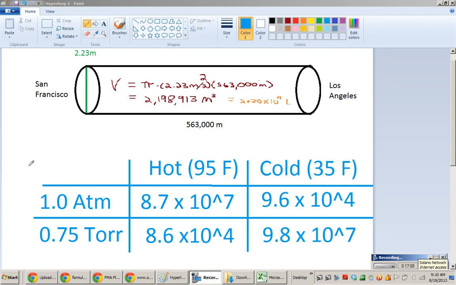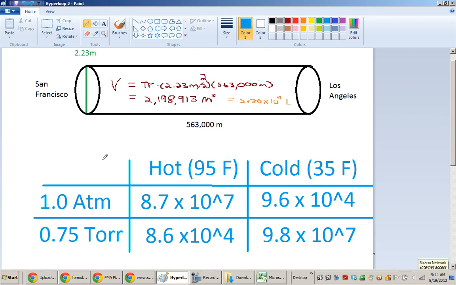That comes from 1 atmosphere being 760 torr. So as you can see, if you divide this thing by 1,000, that would get you 0.76, which is pretty close to 0.75. So this is a 1,000th of the pressure on Earth.